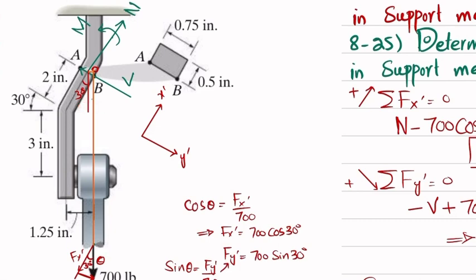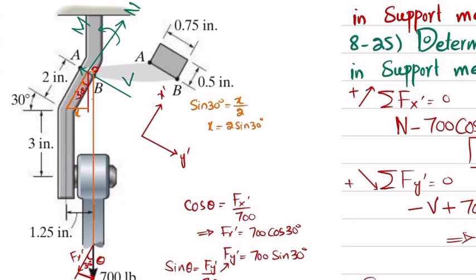Let me tell you. As you can see, this distance is 2 inch. So if you take sine of 30, let this distance be x. So sine of 30 will be equal to x divided by 2. So x will be equal to 2 sine of 30.